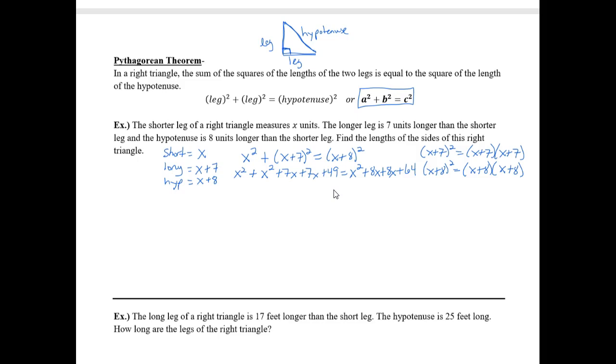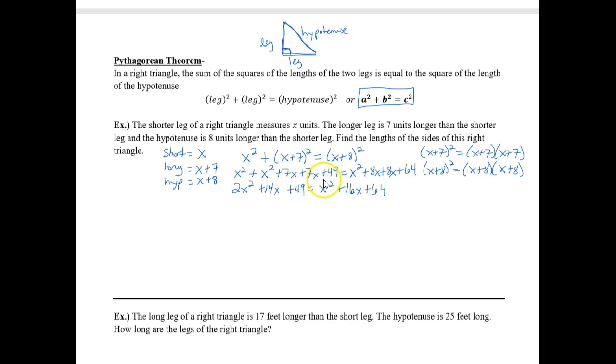Alright, I'm going to gather up some like terms. I have x squared plus x squared, or 2x squared. 7x plus 7x is 14x, plus that 49. On the right hand side, x squared, 8x plus 8x is 16x, plus 64. Now I have this polynomial equation that I'm trying to solve. I have some x squareds, so it's not linear, and I have to get everything on one side and try to factor.